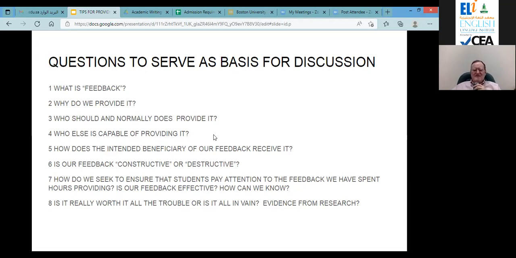How can we know if our feedback is effective? Do we really know? I wish we could. Then we'd have some valuable or valid evidence.